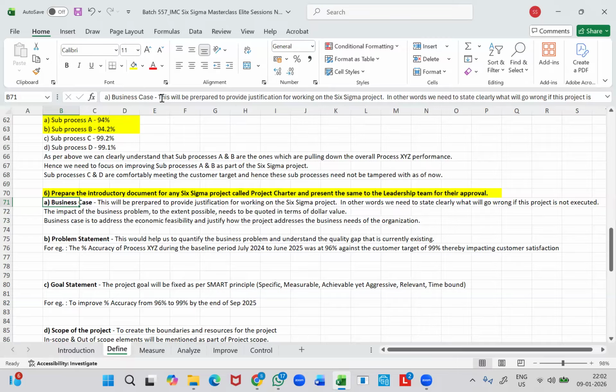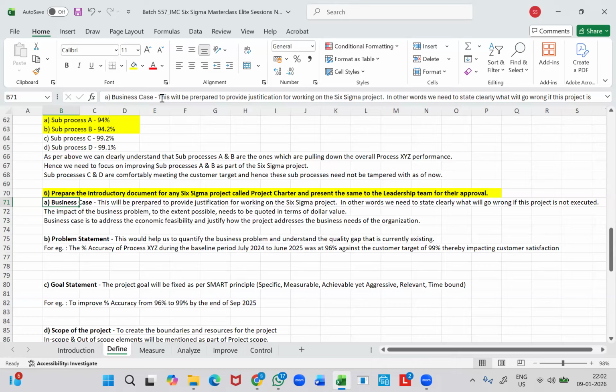Another thing that you can always quote when you are facing a higher number of errors in the process would be the business opportunities, right? You can also say that because of so many errors being identified, the customer satisfaction is very low, and this might have an impact on the future business prospects to the extent of, say, $1 million per annum, right?